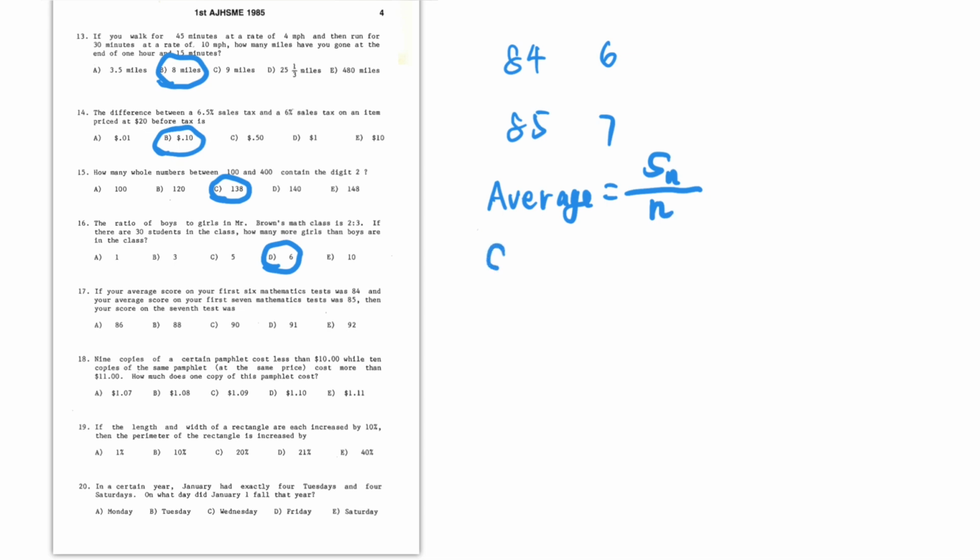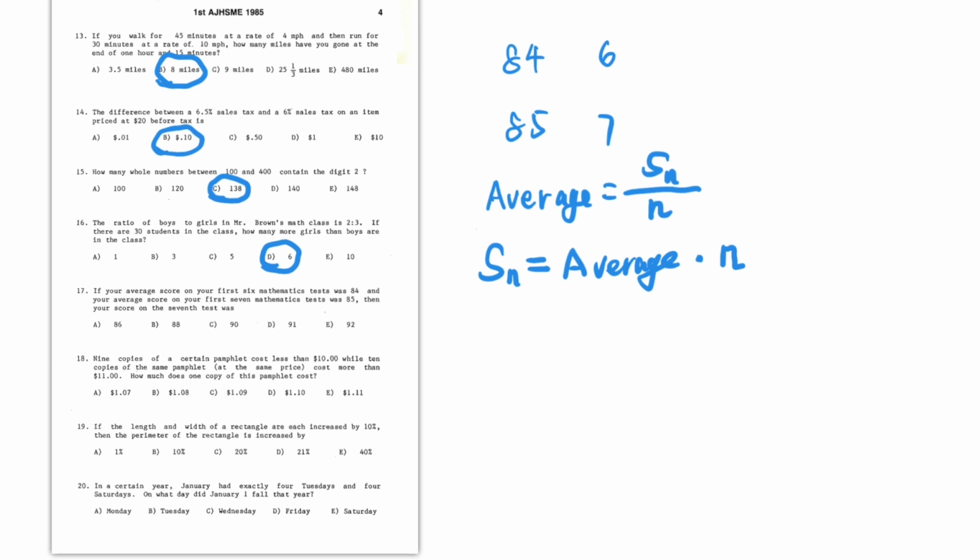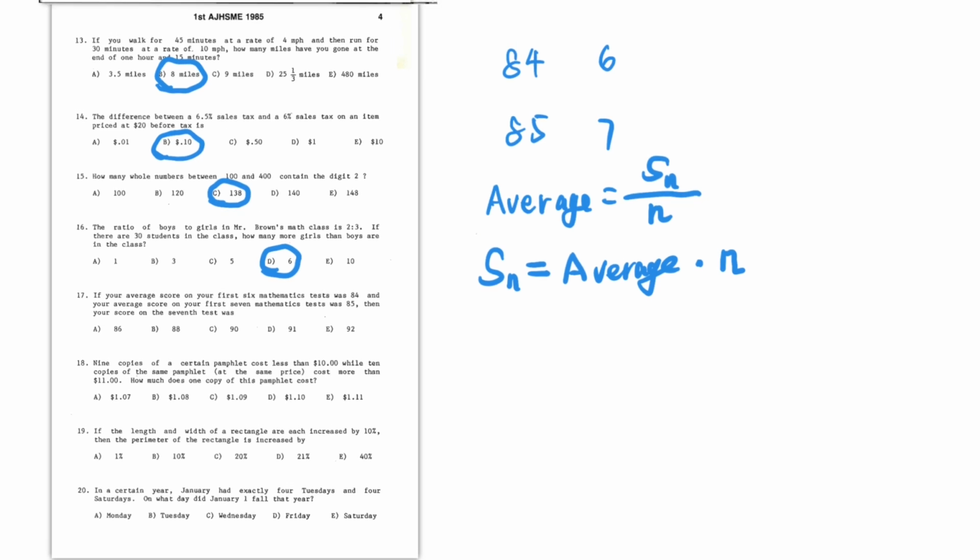They gave us the averages, so use average times number of numbers. First 6, the total score is 84 times 6.